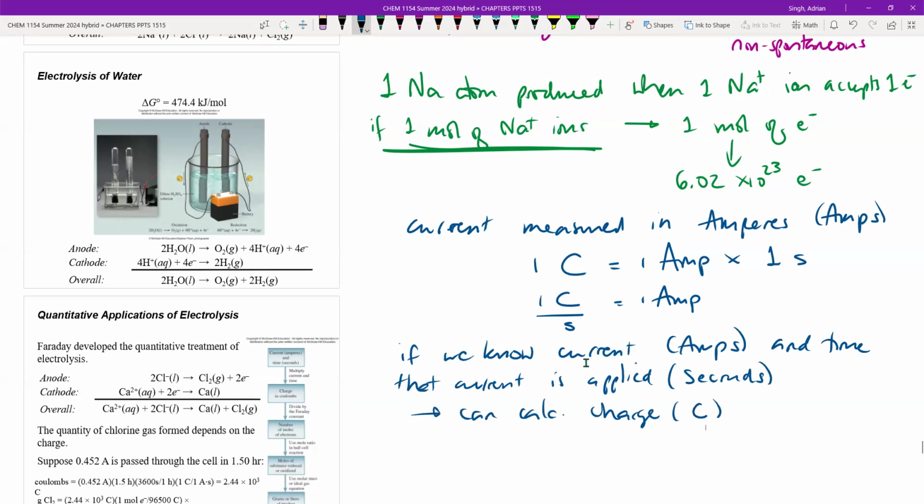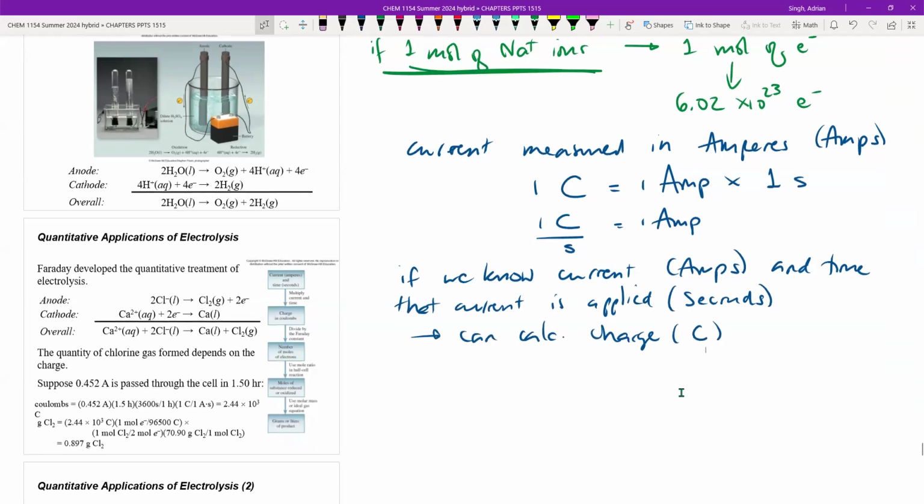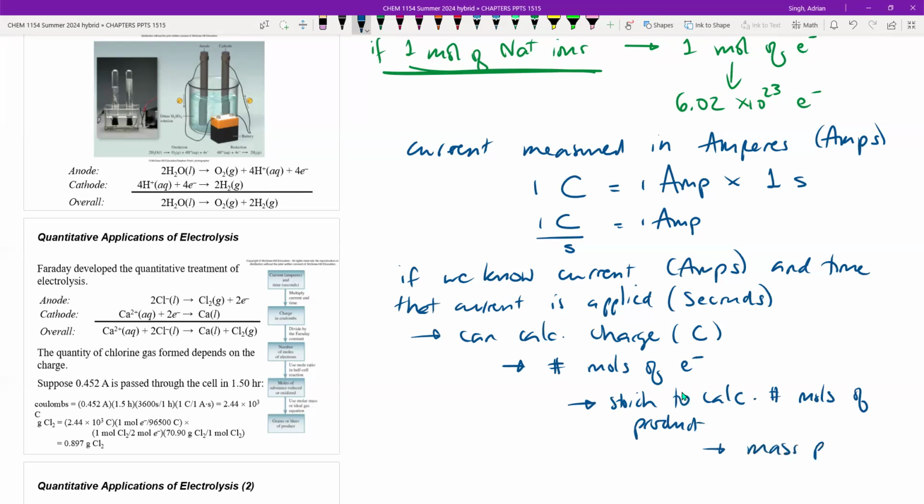And if we know the charge in coulombs, we can then calculate the number of moles of electrons. And if we know the number of moles of electrons, that allows us to use stoichiometry to calculate the number of moles of product. And then we can do simple molar mass relationships to calculate the mass of the product in question.